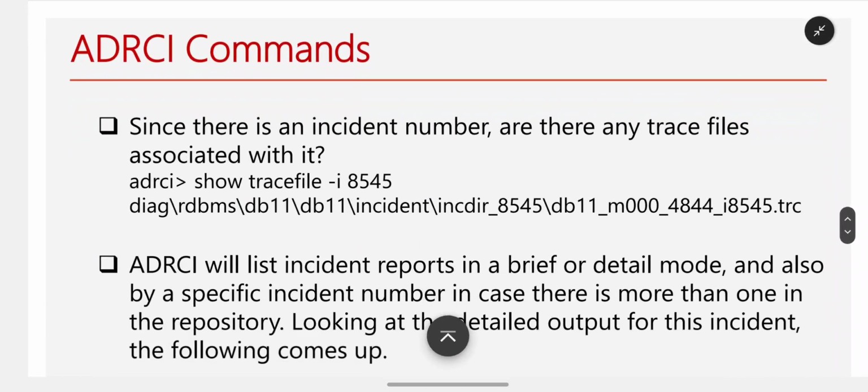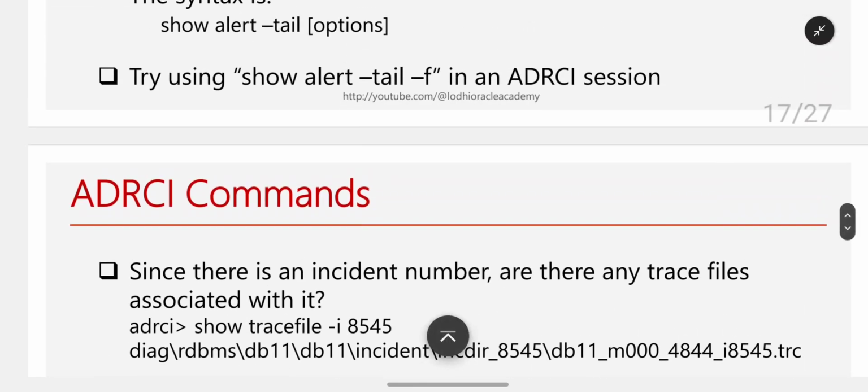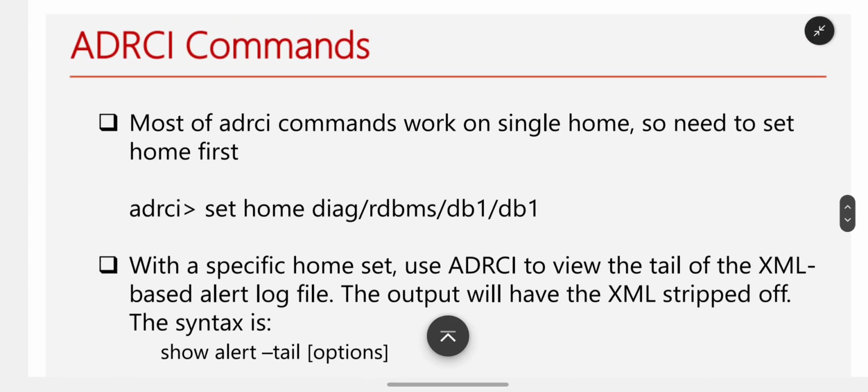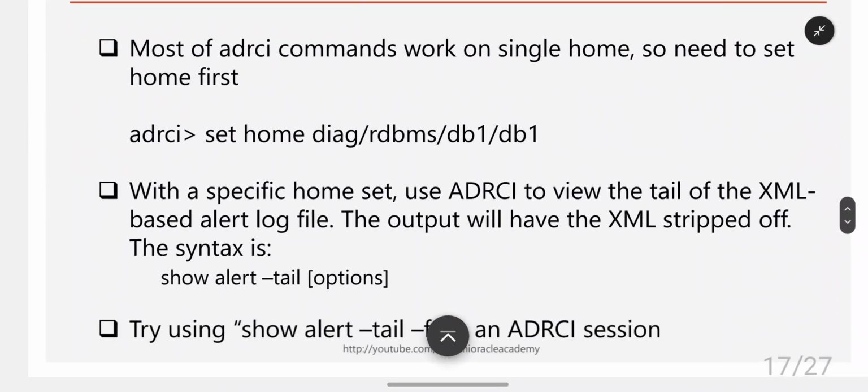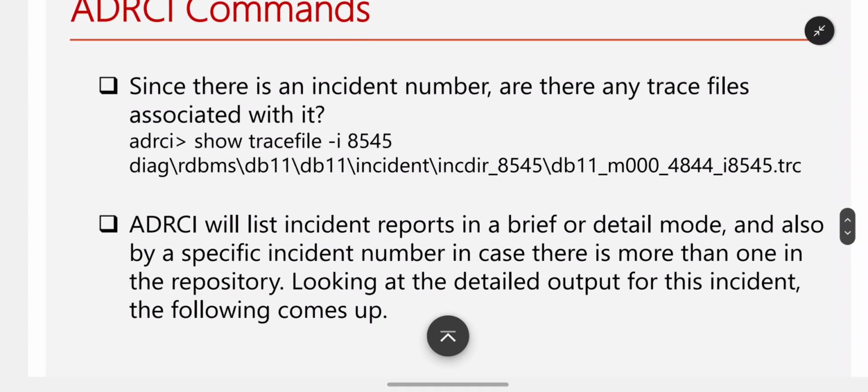You can try using show alert -tail -f in an ADRCI session. Since there is an incident number, are there any trace files associated with it? You can run the command show tracefile -i 8545. This number came from the previous command we ran to see the incident. This is the incident ID. Okay, now you can see the trace file associated with this incident.